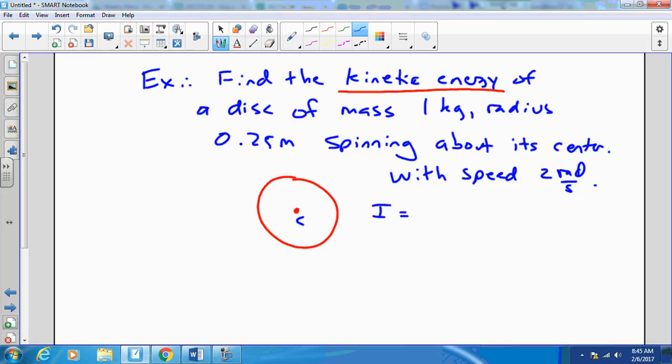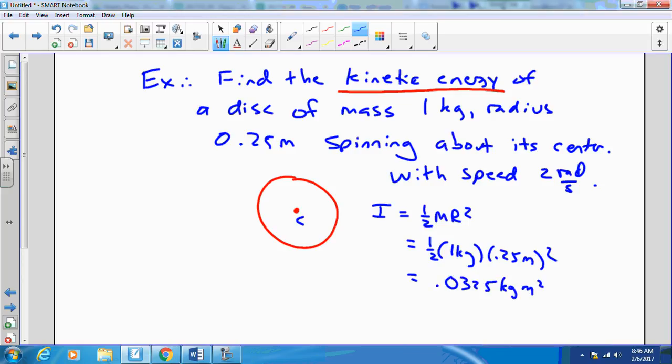I is equal to 1/2 mr squared, taking our solid disk formula. Let's see, 1/4 squared, 1/16, whatever that is. Okay, so 0.03125.